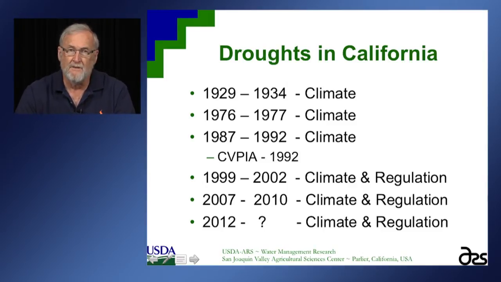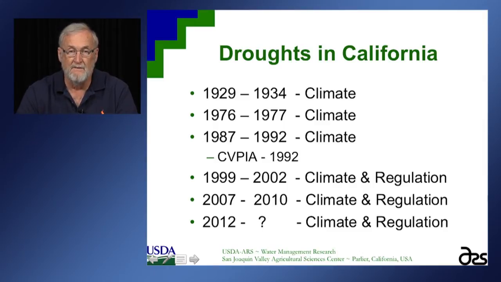The other part that's on here is where I talk about regulation. And here we see the CVPIA, which is the Central Valley Project Improvement Act in 1992. And this was a regulation that was developed to provide environmental water for the San Joaquin-Sacramento Delta.